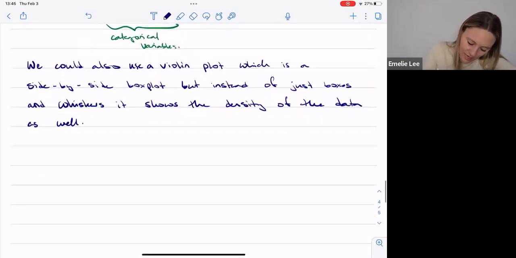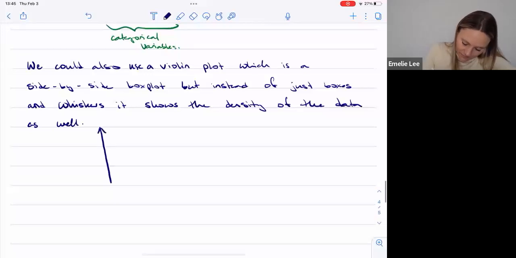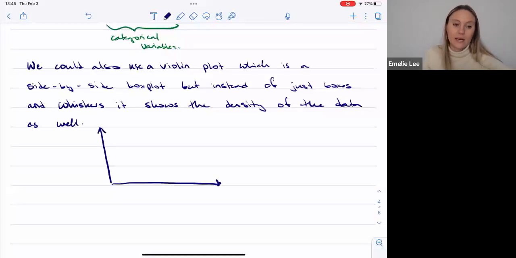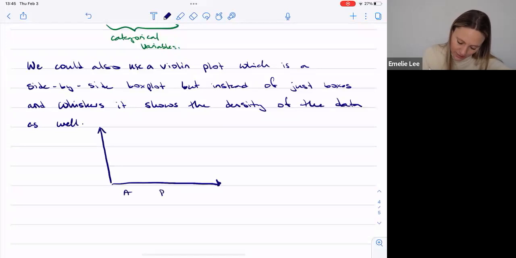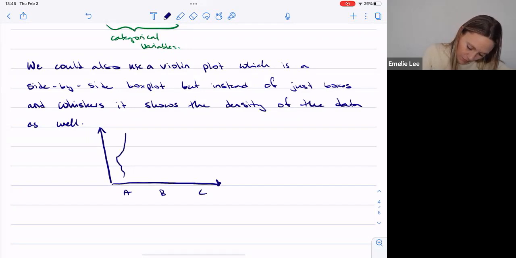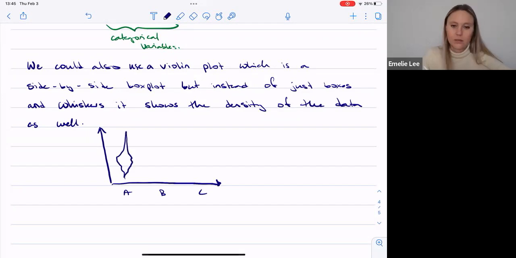Okay, so instead, and I would never draw this by hand, I just want you to see what it would look like. A, B, C, maybe it would look something like, I did not do that well, but it kind of ends up looking like a violin.